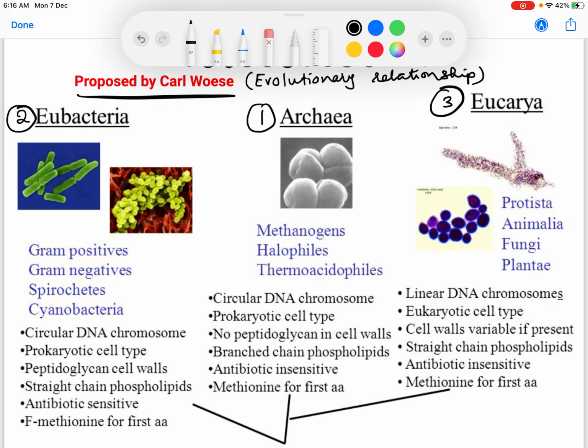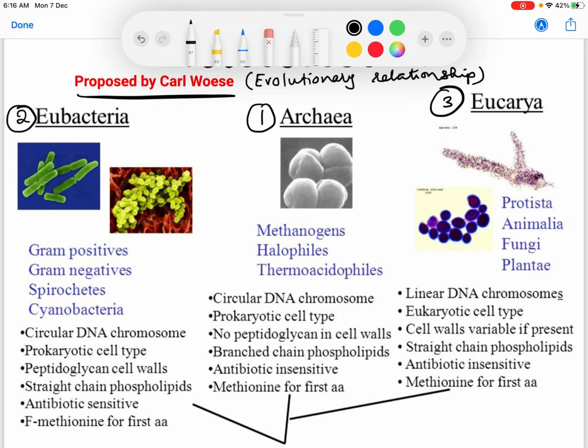Now the water reservoirs, for example, if I am talking about oceans, they were filled with water which was very hot. The pH was unbalanced, maybe highly salty, maybe highly hot, maybe acidic water. So in those harsh conditions, life first arose.